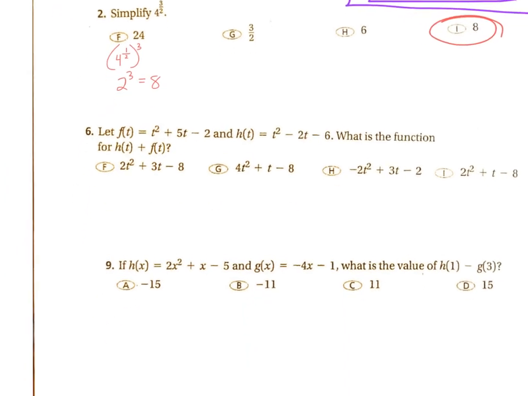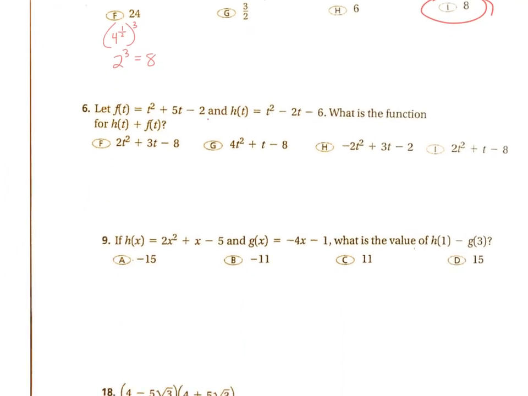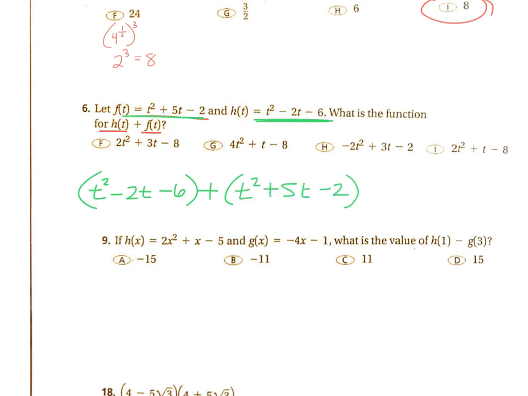Okay. This one, they tell you f of t is this, h of t is this, and they want to know the function for h of t plus f of t. So really what you're doing is you're taking h of t, t squared minus 2t minus 6, so this whole thing, and you are adding this whole thing, t squared plus 5t minus 2.